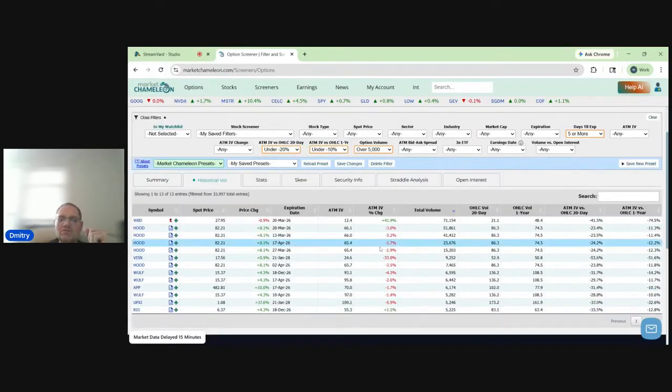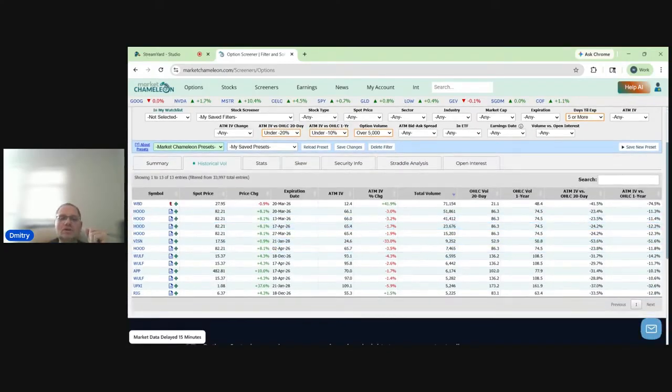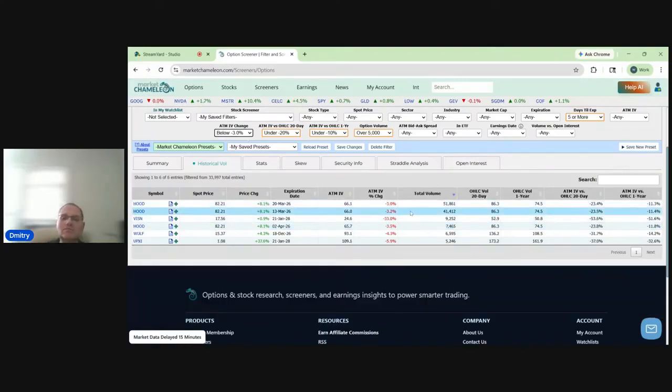In addition to that, one more thing, the at the money IV change. We could also look at something that might be weak today, where the implied volatility has gone down today or gone up. It matters what story you're looking for. If you want to see more weakness on the day, you could say, well, it was at least down 3% on the day.